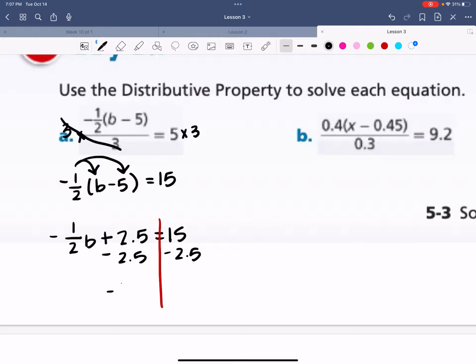That leaves me with -1/2 b equals 12.5. B is being multiplied by -1/2, so I need to divide by -1/2. And B will equal -25.